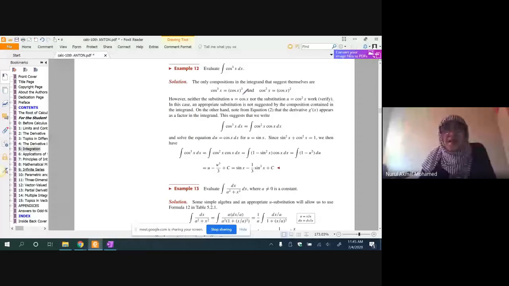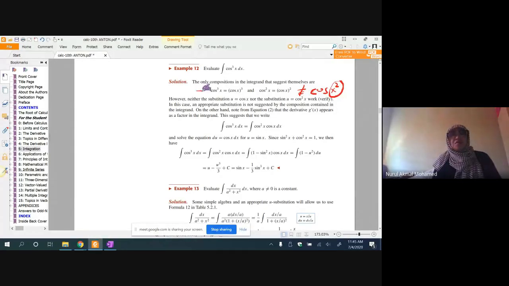Cos squared x is cos x squared. It is not equal to cos x to the power of 2 with the power applying to the whole thing, because here the power of 2 is on the x, not on the whole cos. So they are not equal.